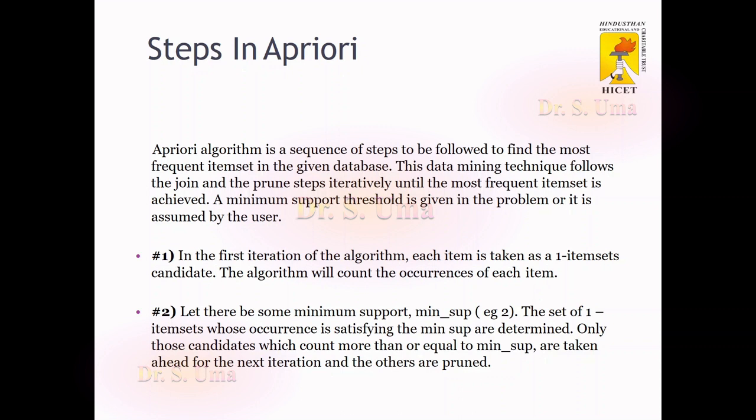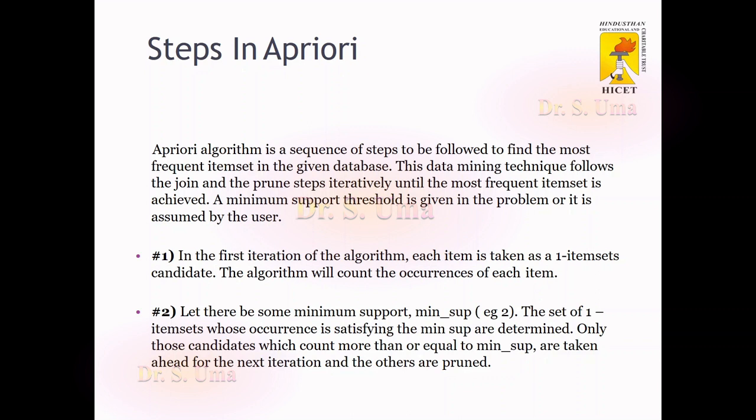Then with the available items, we identify the two-item sets and their counts, and we check whether the two-item sets satisfy the minimum support threshold level. If they do, we take that into account, else we ignore that also.